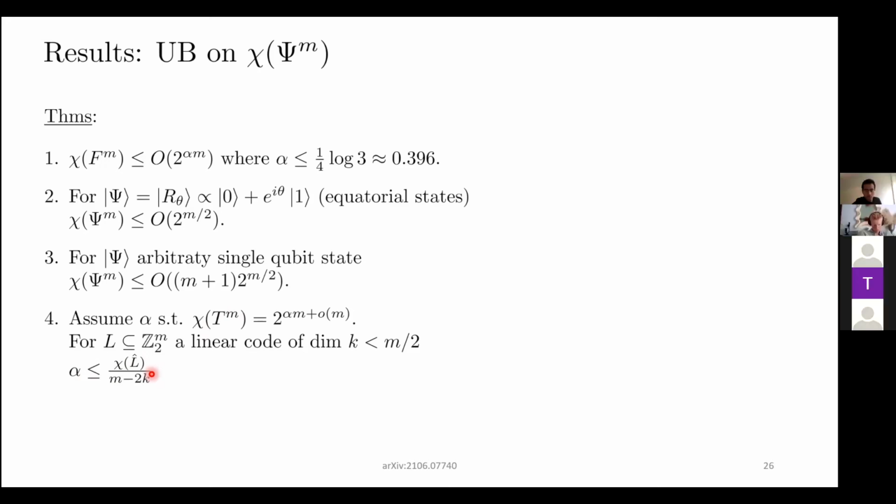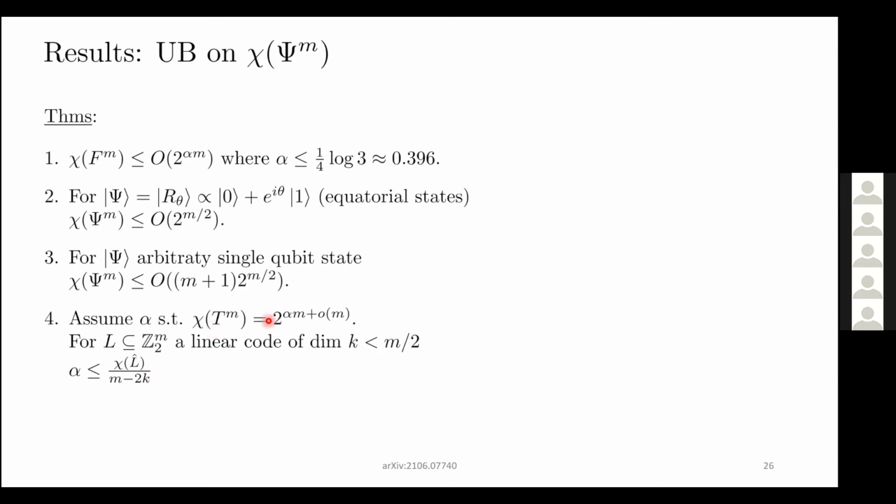We're generalizing the idea we had with the cat state to more general constructions of code states, where if you could get a good low stabilizer rank decomposition of a code state, then you could hope to use that to upper bound the rank of the T state. That's what this theorem is doing.